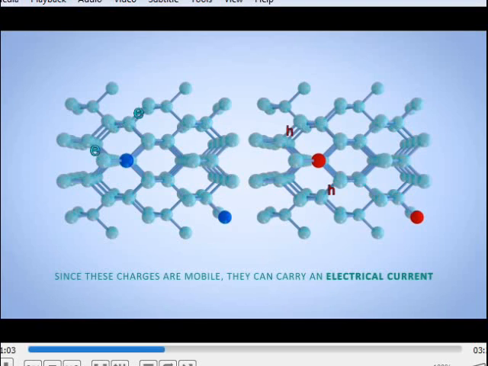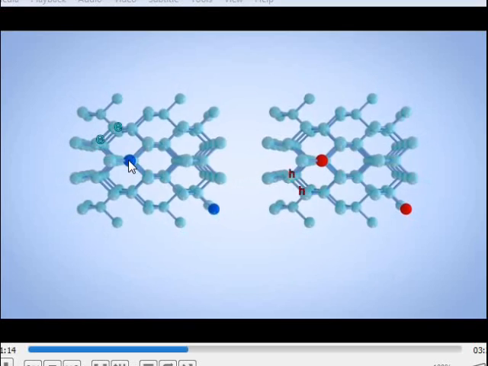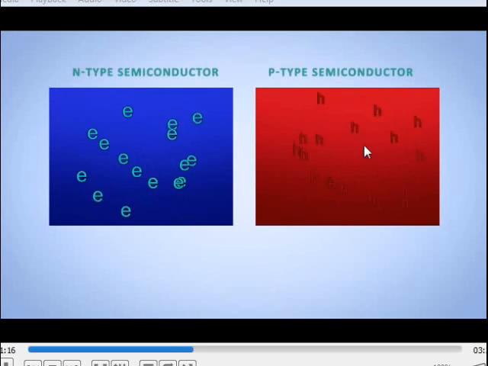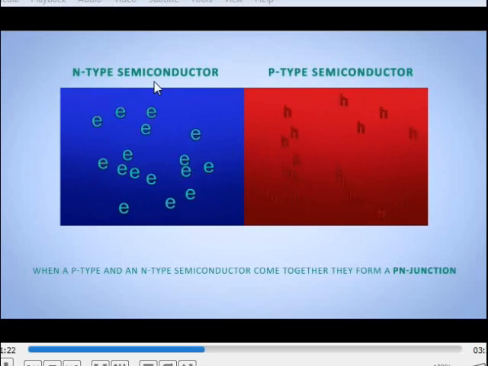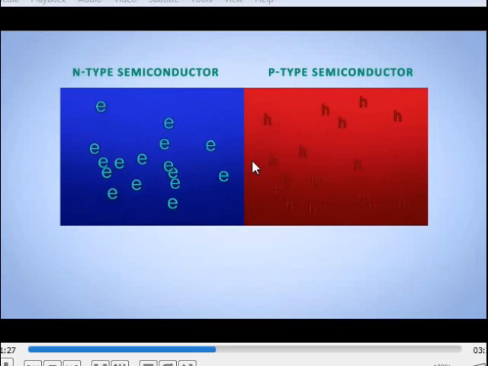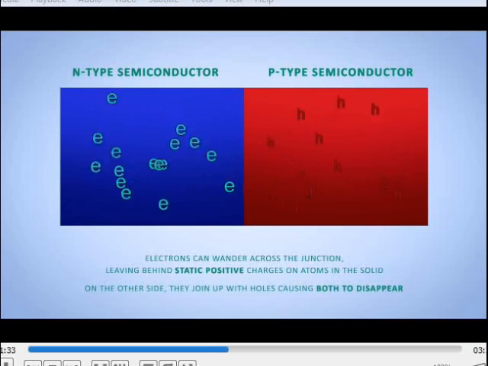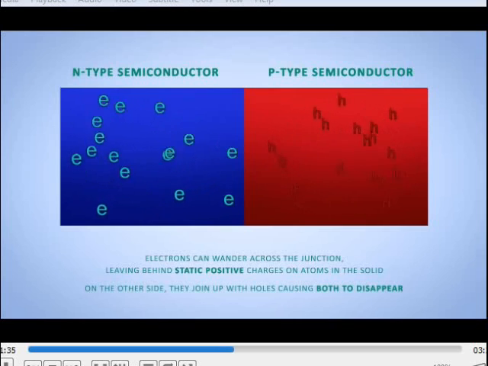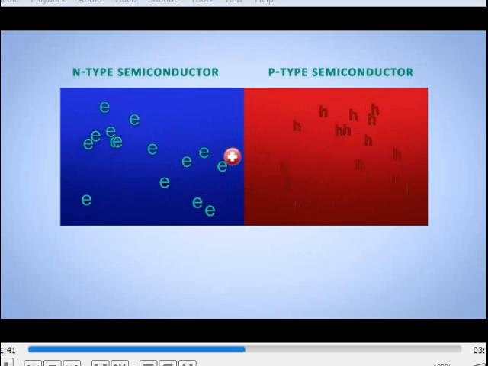Here we see doping with extra electrons, and here doping with fewer electrons, which means holes are formed. The n-type and p-type semiconductors are now sandwiched between each other, and a junction forms. After some time these holes and electrons try to escape the boundary.